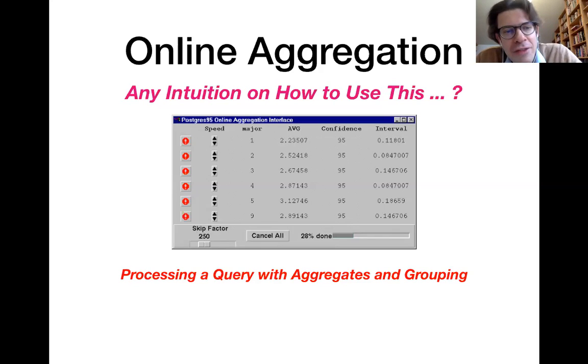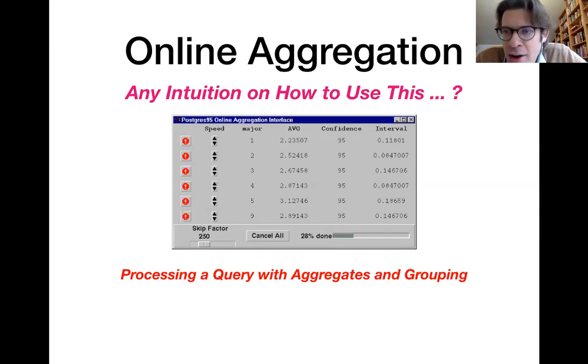And since we have the separate stop button and speed button for each of those groups, probably we can stop calculation for one group if the confidence interval is sufficiently small. And perhaps we can speed up or slow down the calculations for other groups. Yes, very good. And then we finally have this cancel all button at the bottom, and that one essentially terminates query processing for all of the groups.